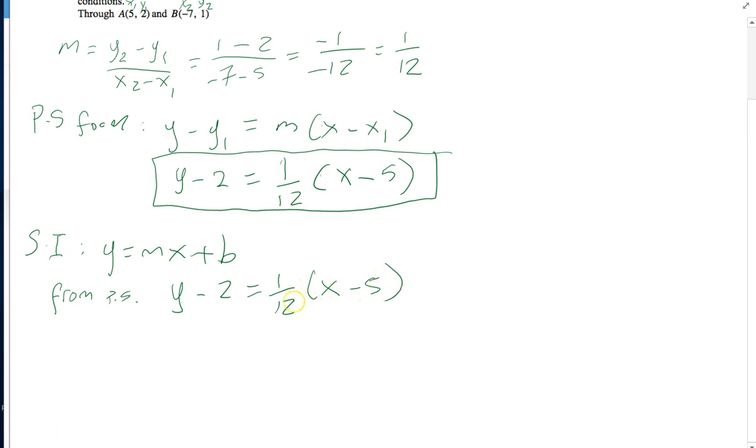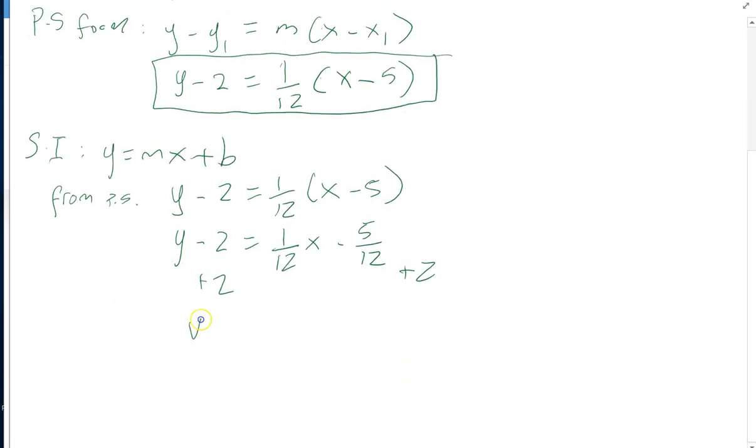We will try to expand this and then simplify, so y minus 2 is equal to 1/12 x minus 5 over 12. Continuing, add 2 to both sides. We have y is equal to 1/12 x minus 5/12.